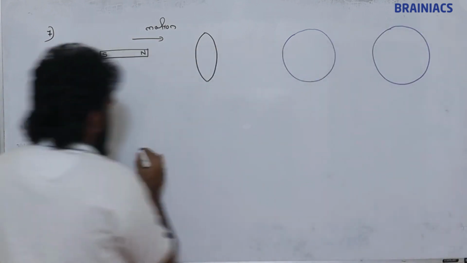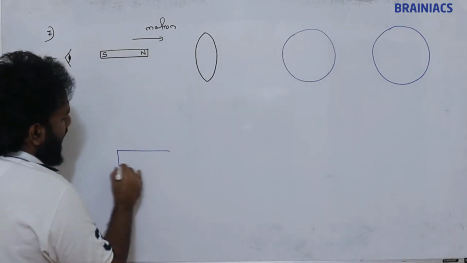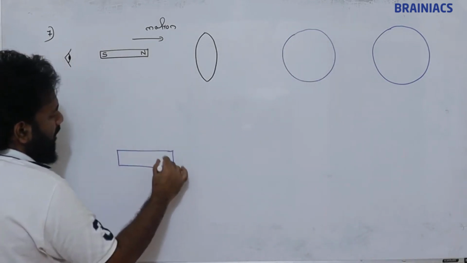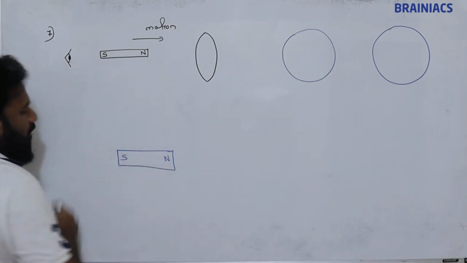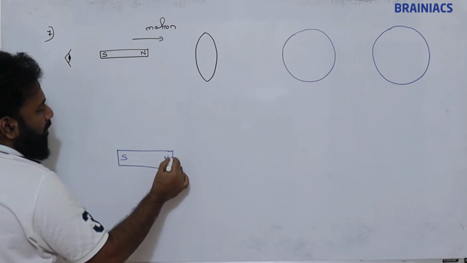Now see. Suppose we keep a bar magnet, if this is north and this is south, what will happen?